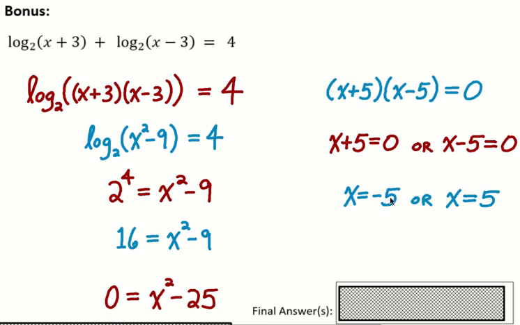But if I tried plugging in -5, I would get the log of -2, which is not allowed. And over here I would have the log base 2 of -8, which is also not allowed. So -5 is not an answer, and the only answer is 5.